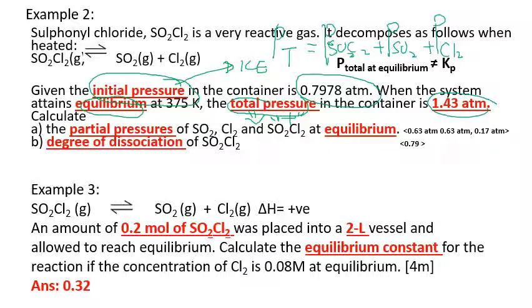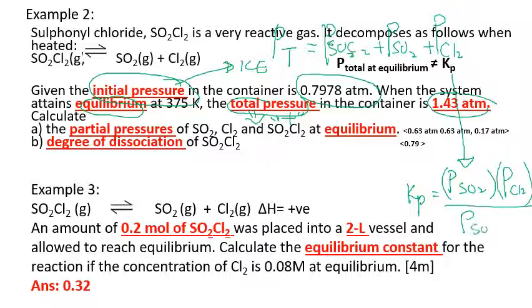P total, or total pressure, is different from Kp. If we want to write Kp for this chemical equation, Kp equals the partial pressure of sulfur dioxide multiplied by the partial pressure of chlorine, divided by the partial pressure of sulfonyl chloride. So keep in mind that total pressure at equilibrium is not equal to the Kp expression.